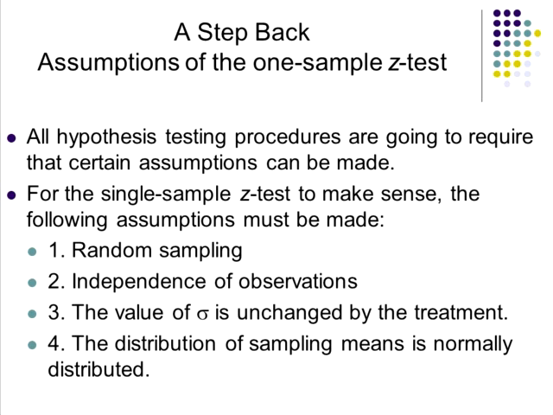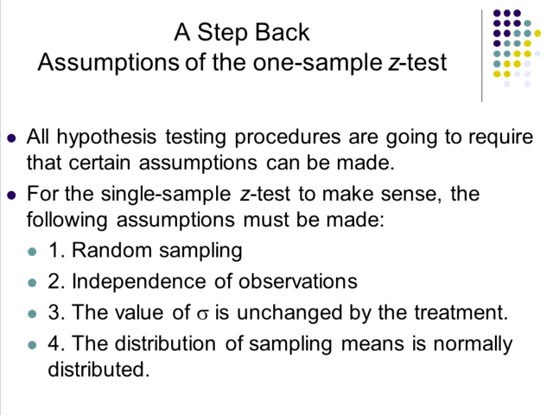And then the last assumption is that the distribution of sampling means is normally distributed. This fourth assumption, I hope we can just roll right past, and that's only because you go back to the lecture, I don't remember which one, where we learned about the central limit theorem.